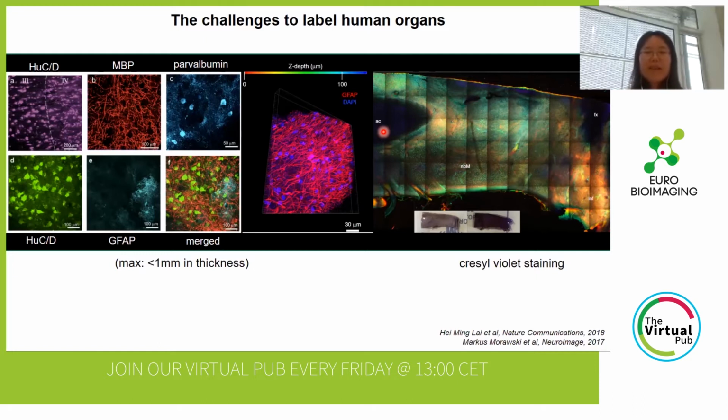We know that the antibody has a very large size, and they cannot penetrate deeply inside of the tissue. Even though we can clear them, sometimes we cannot image the inner part of the tissue in high quality. And for the small molecule dyes, we lack some specificity, and also because of the natural color of the small molecule dye, sometimes the sample transparency could be impeded.